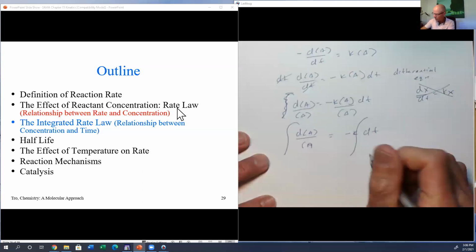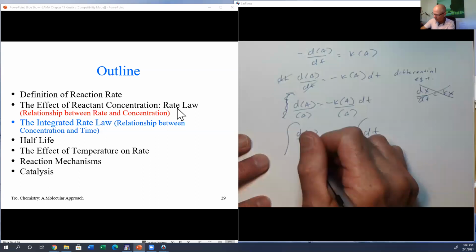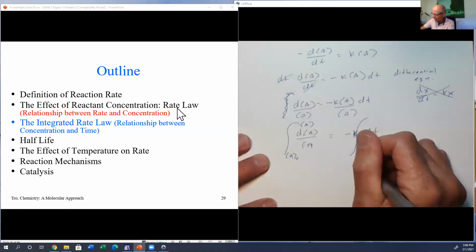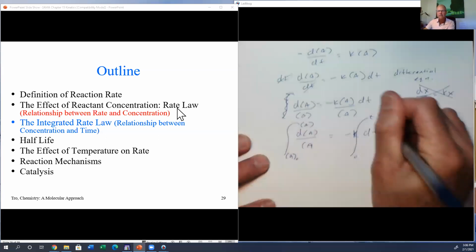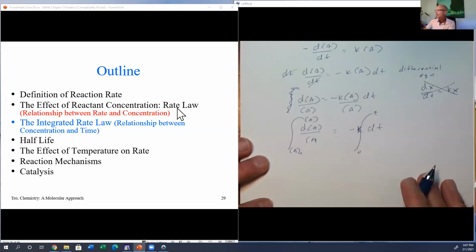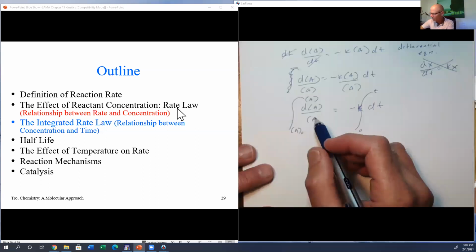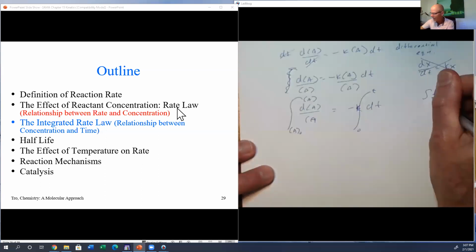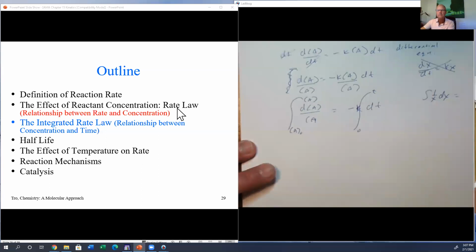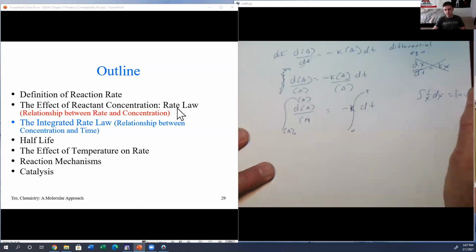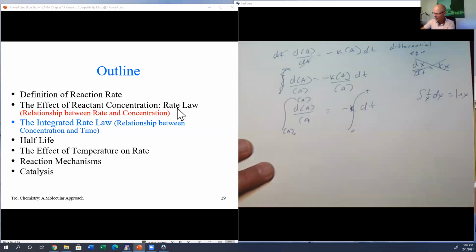This k is just a constant, so you can pull it out of the integral. I'm going to integrate this from A0 to A, and this from time 0 to time t. Let's see how many of you remember your integrals. What's the integral of 1 over x dx? The natural log of x. Very good.